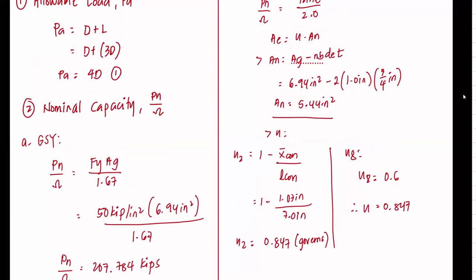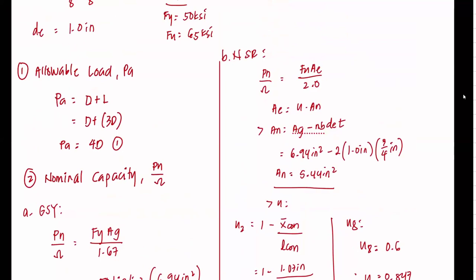So now we can calculate our value. That is 65 ksi times AE, that is 0.847 multiplied by 5.44 inches squared, all over 2.0.